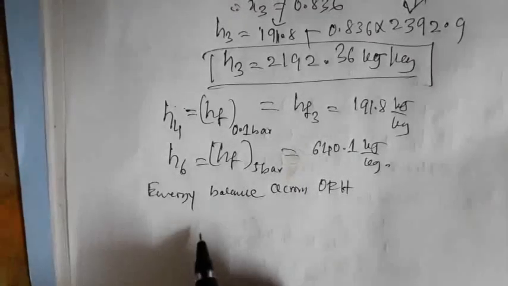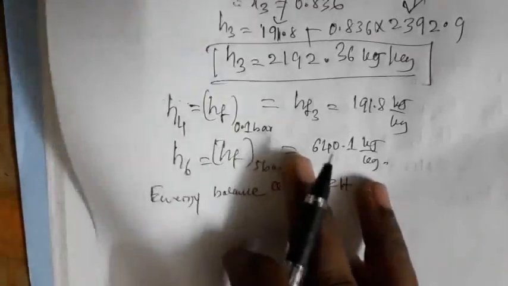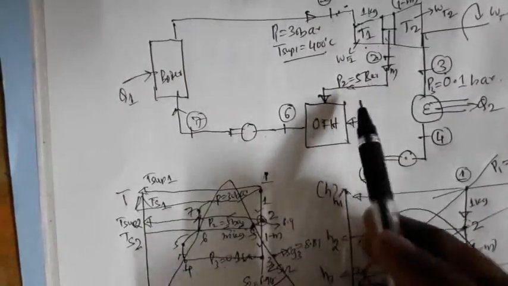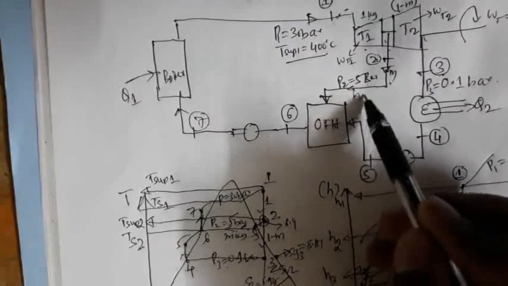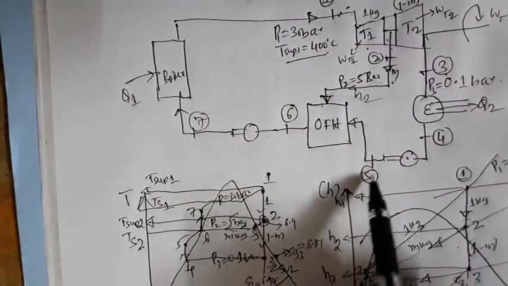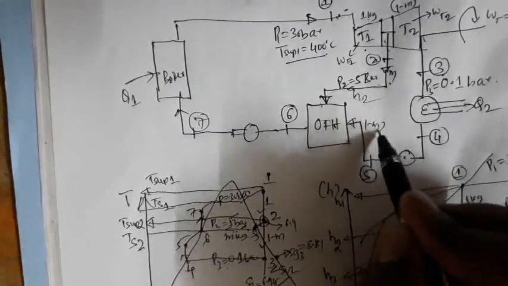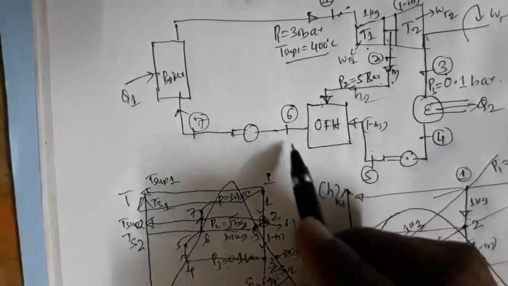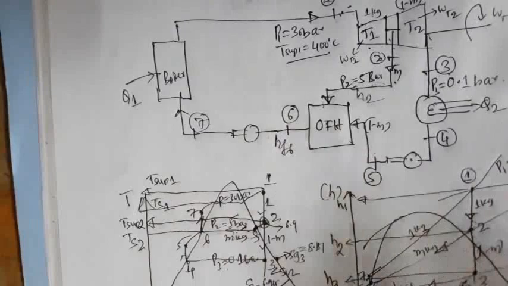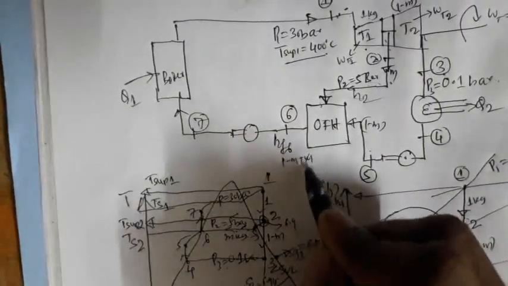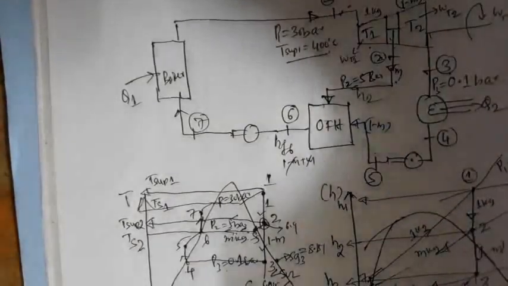We have M into H2 as an inlet, and HF5 with 1 minus M, both are inlets, and I have HF6 at the exit with 1 kg, that is 1 minus M plus M, both cancel.